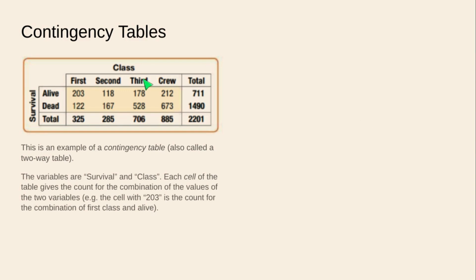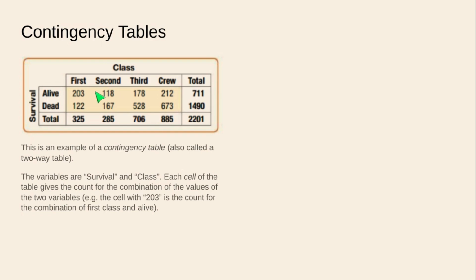All right, so we have survival over here for my two rows, alive versus dead. And class is my other variable, and its values are first, second, third, and crew, and those comprise the columns. Each cell of the table gives a count for the combination of values of the two variables.